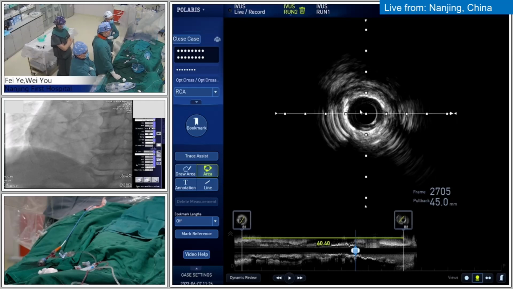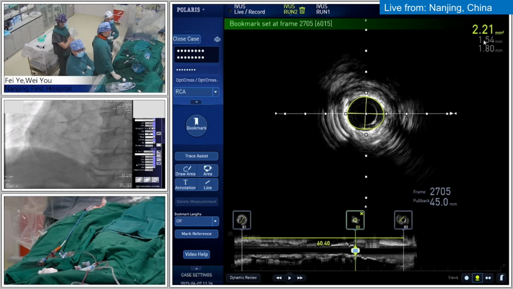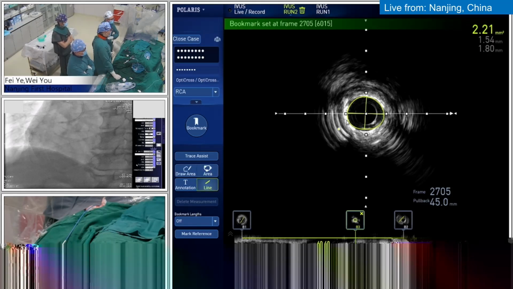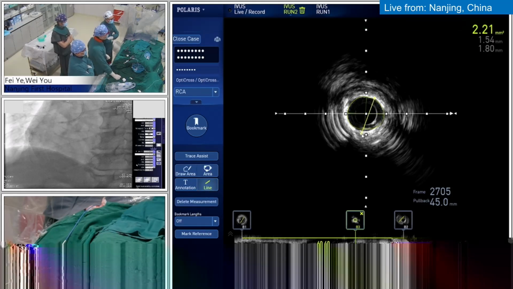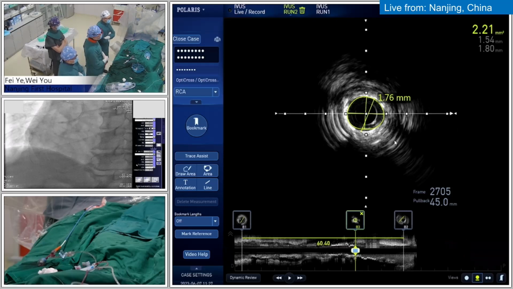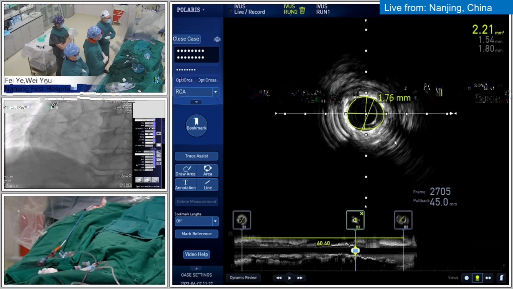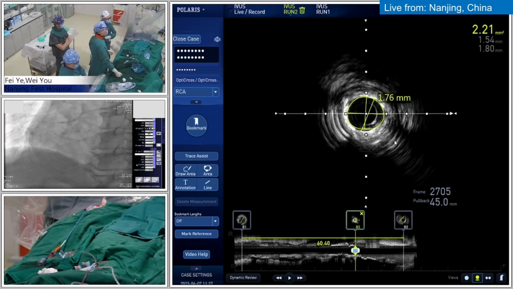Dr. Pan, please give a better minimal lumen diameter, nearly 2, and measure the lumen diameter too. Okay, or nearly 1.8. Yeah. If we want to escalate the burr size, maybe we need to use the 2 millimeter burr, right? Yeah. But here, just concern the patient's not good cardiac function. I think lithotripsy will be very suitable for the case.